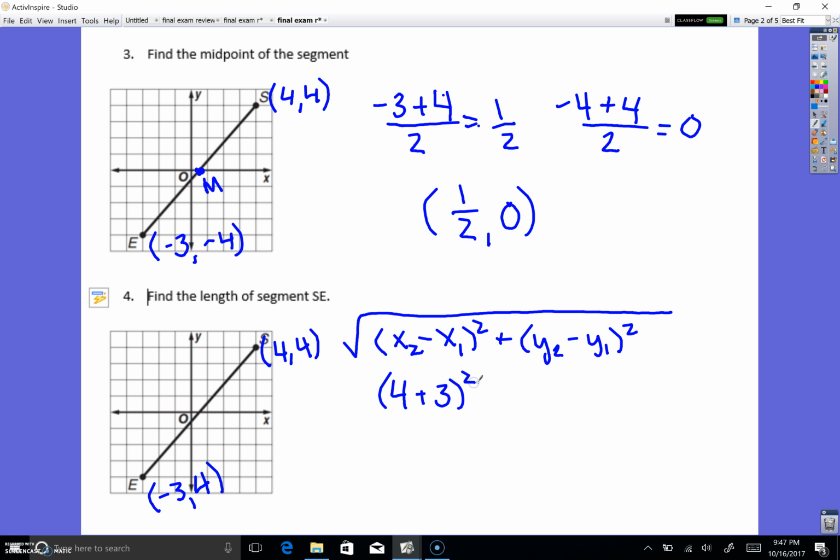Remember, you subtract the negative. Okay, plus 4 minus a -4, so that becomes a +4 squared. Do you know what? Magically, I think this one comes out to be the same answer. 8.0.